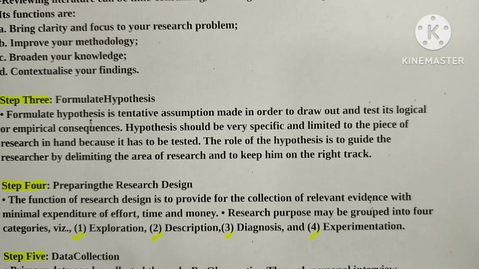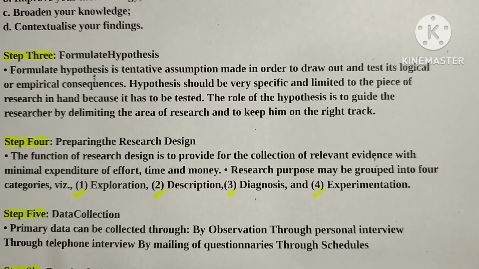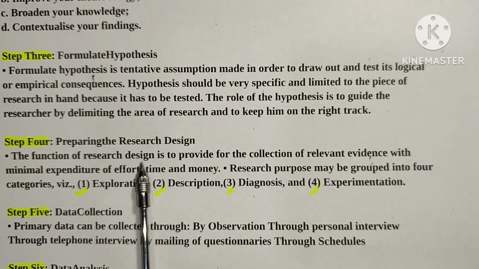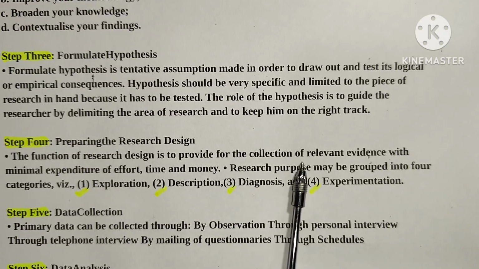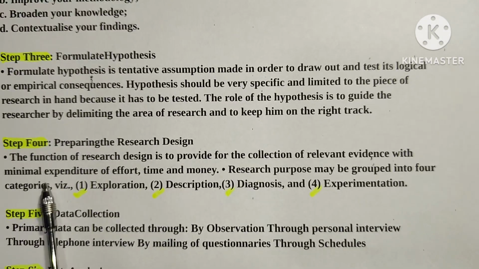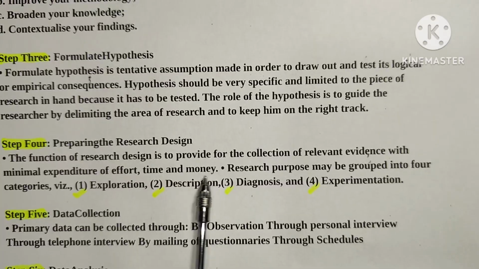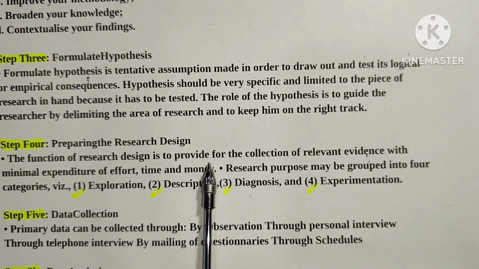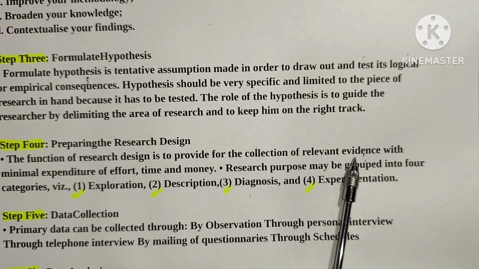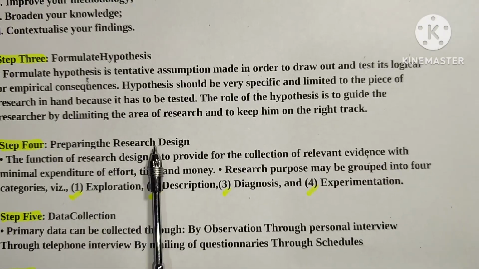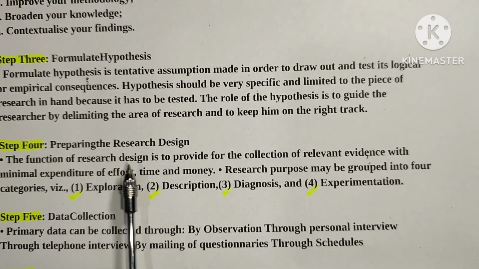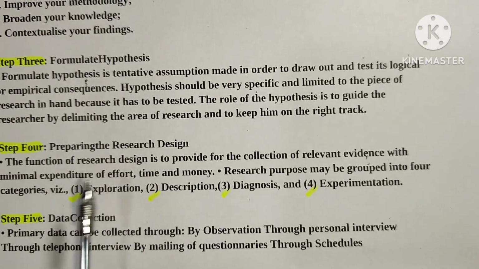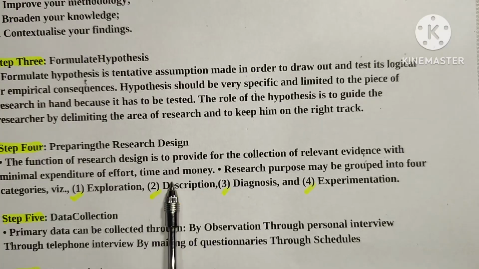Next one is step 4. Step 4 is preparing the research design. The function of research design is to provide for the collection of relevant evidence with minimal expenditure of effort, time and money. Without going into different routes, this research design will guide us to collect the relevant evidence with minimal expenditure of effort, time and energy.